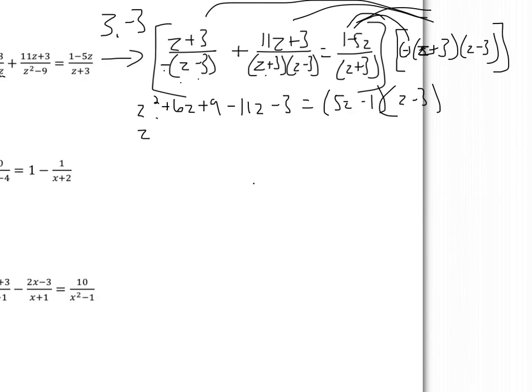So we have z squared plus 6z plus 9 minus 11 isn't going to change. FOIL out the right side here. We'll have 5z squared minus 15z minus 1z gives a minus 16z and a plus 3.